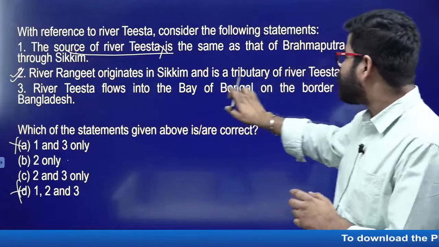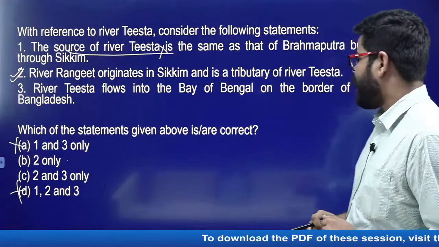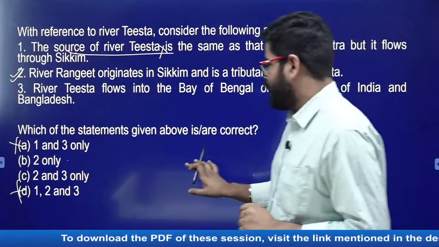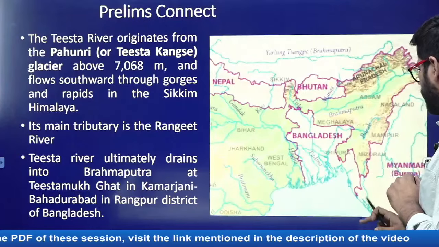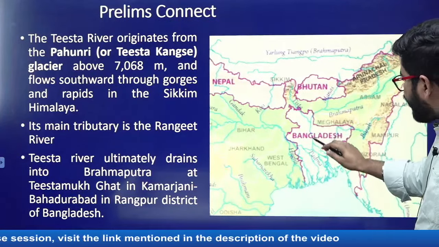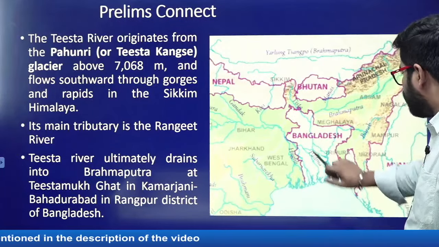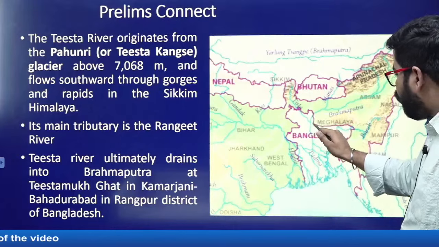River Teesta flows into the Bay of Bengal on the border of India and Bangladesh. Now see this portion, see this on the map here itself. This is where the river Teesta is joining, at this point itself.